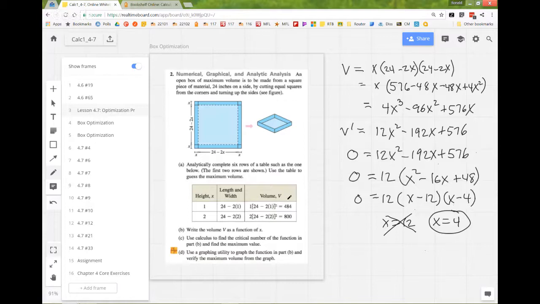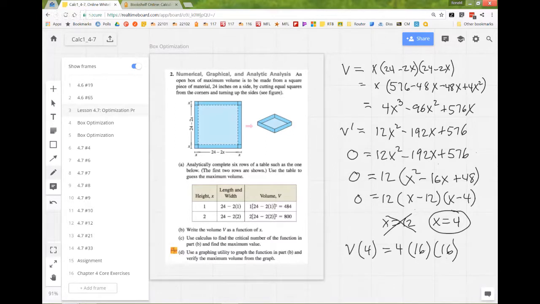Okay, so volume at 4, and let's just do it. I'm just going way up to the top here. 4 times 24 minus 8 is 16. So 16 times 16 is 256.